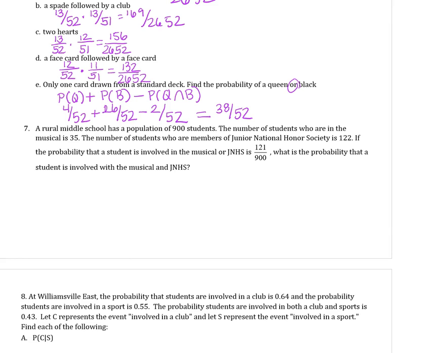Now, they're giving you a probability for an or statement. So I'm going to write that down. Probability of musical or JNHS. That would be equal to the sum of both of them, take away any overlap.